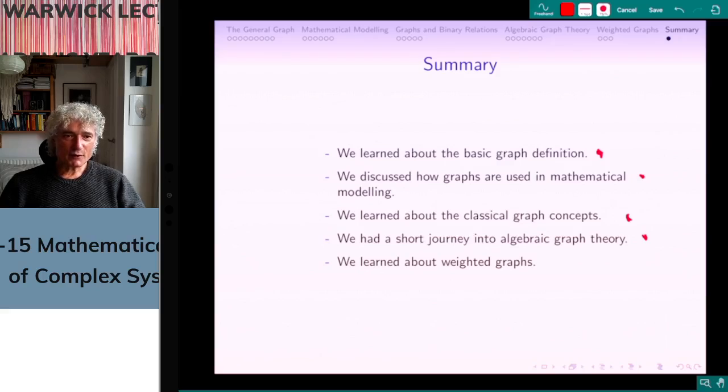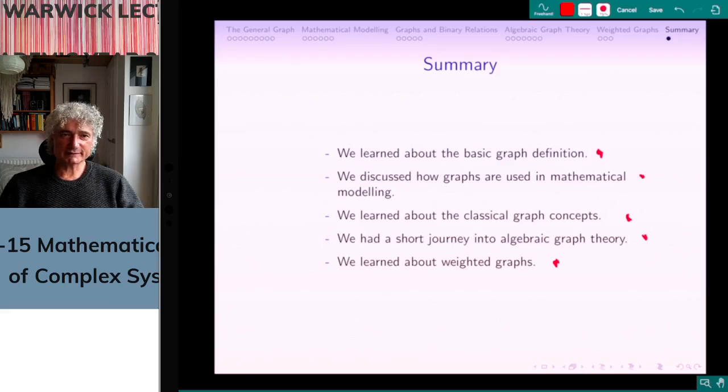This is very important. The major point is that with algebraic graph theory you have the ability to bring graphs into a computer and calculate properties of the graph or make drawings of the graph. And then we introduced a very, very important concept of weighted graphs for mathematical modeling and structural modeling, which we are doing at the moment here. Weighted graphs are really essential.